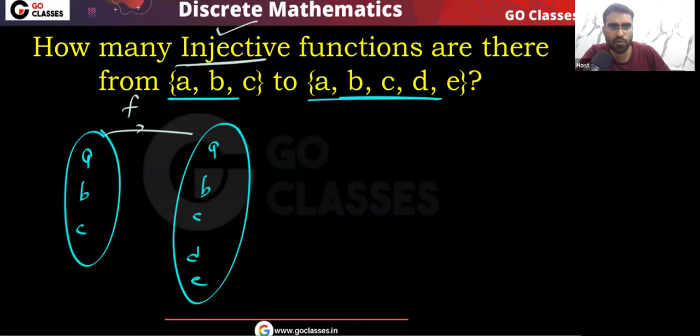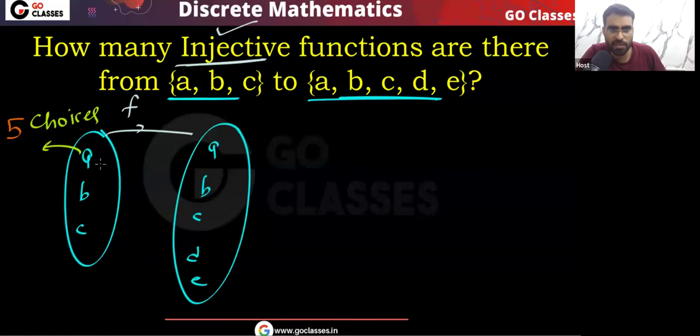Remember, different elements of the domain must map to different elements of the codomain. So for A, there are 5 choices because I can map A anywhere: A to A, A to B, A to C, A to D, or A to E.